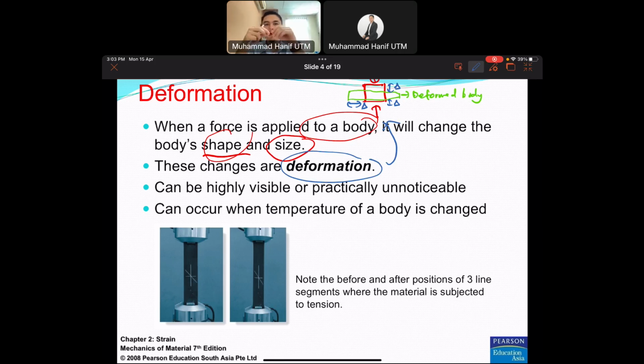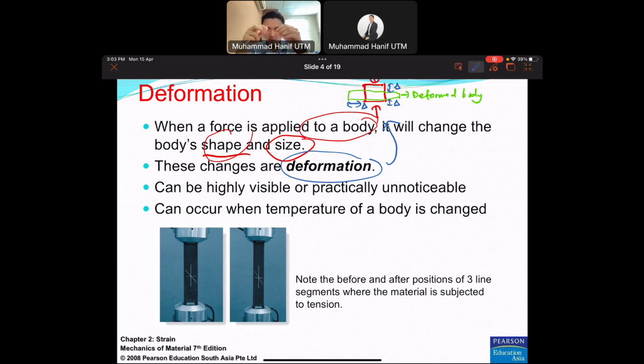If you pull the rubber band, you can see the band itself deform, changing in size and shape. So this phenomenon we call deformation. And the number 3 point there is that it can be highly visible, like when I pull this rubber band, you can see it visibly with your eyes.